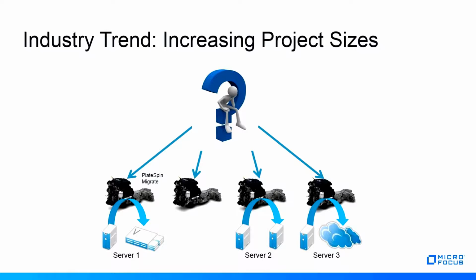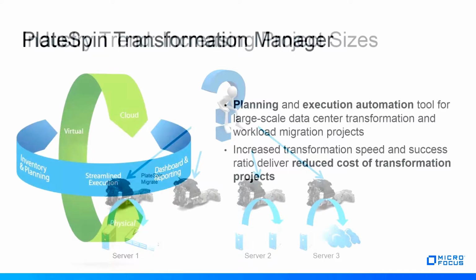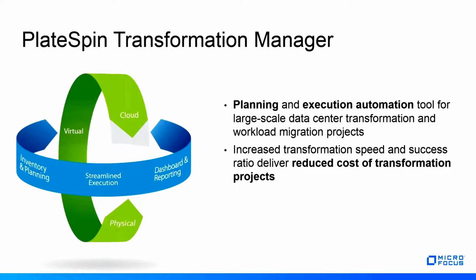So there was a need for more automation and also more planning, because if you want to effectively tackle a project of that size, you need to start planning that project well in advance. And there were really no good tools on the market that allowed you to do that. So we developed a product called PlateSpin Transformation Manager, which very much is that planning and execution automation tool for those large projects that you want to tackle.